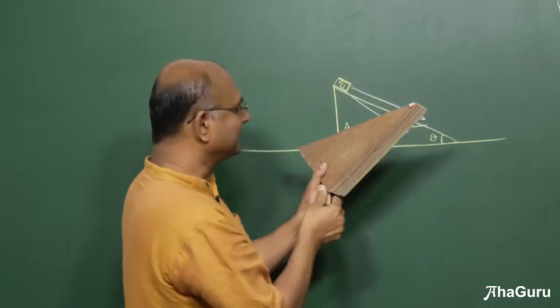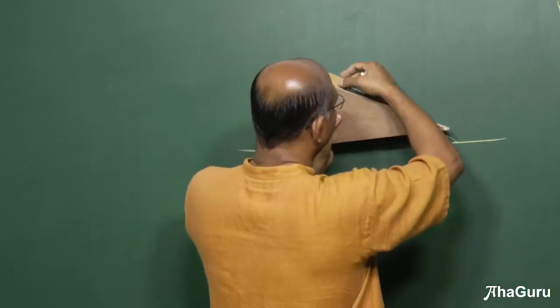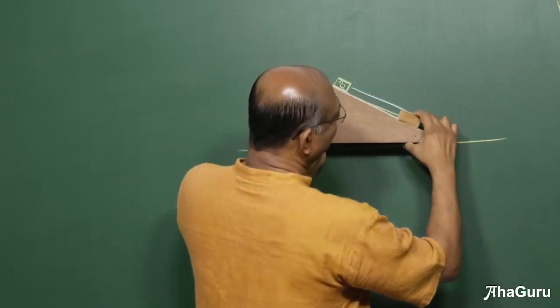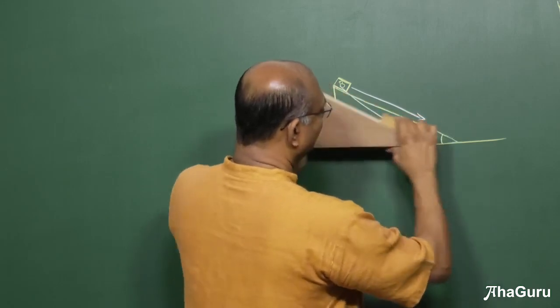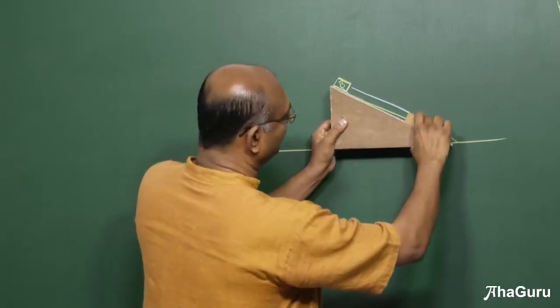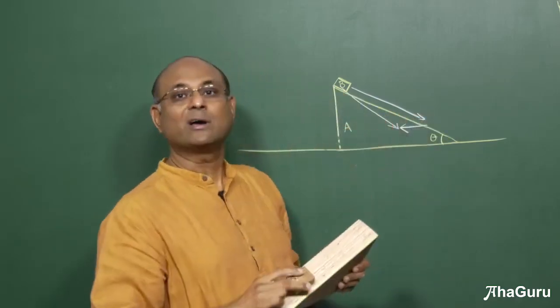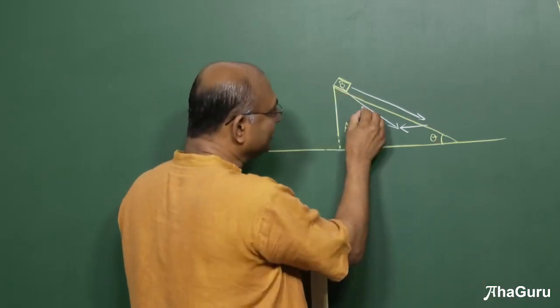Now when you're moving horizontally, you're moving because block A, this wedge, is moving. So this triangular wedge is moving this way. And because it is moving that way, this fellow comes down, and this point is not going to change anymore. Now it is just simply sliding because this wedge is sliding, and so this block is just simply moving like that. It is no longer sliding on the incline. So the actual motion is this.